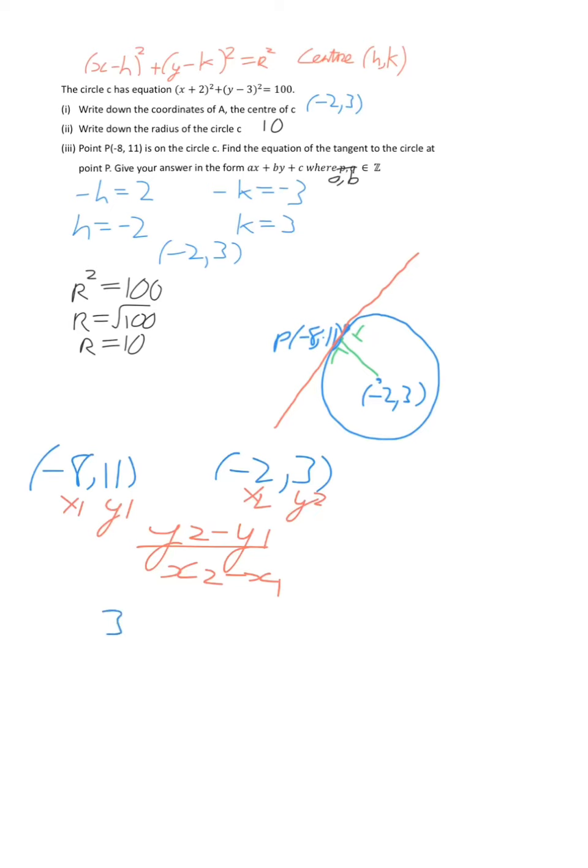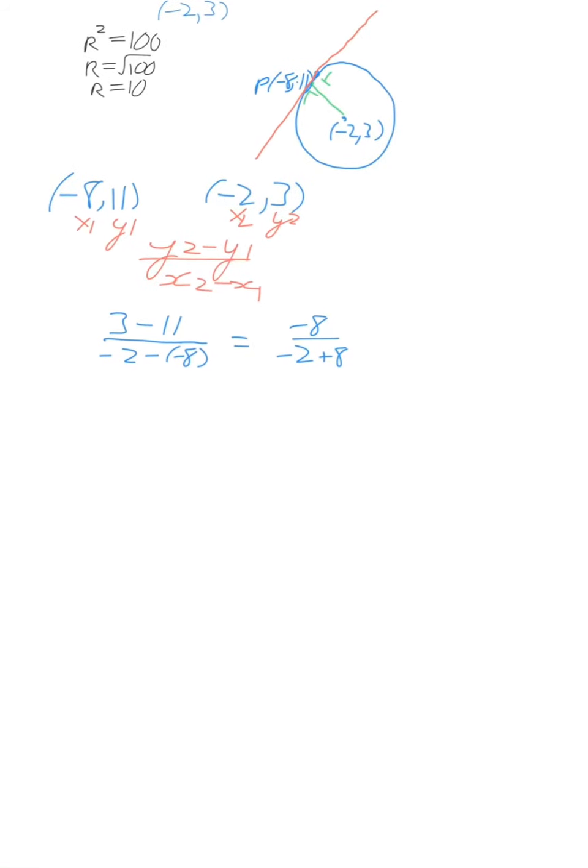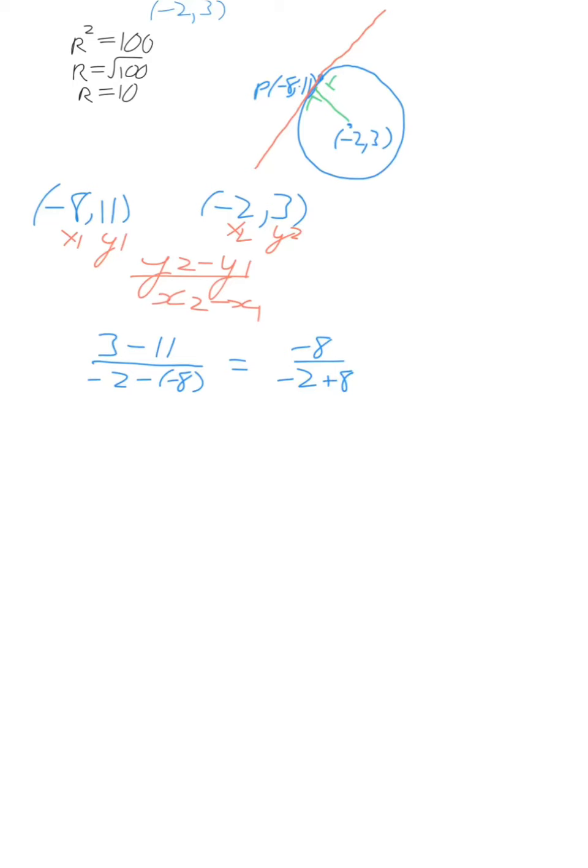So y2 is 3 minus y1, which is 11, over x2, which is minus 2, then minus minus 8. So 3 minus 11 would be minus 8. Now be careful with the minuses here. I'm going to have minus 2 plus 8, because a minus times a minus gets you plus. So then that will be minus 8 over 6, which will simplify then to minus 4 over 3.